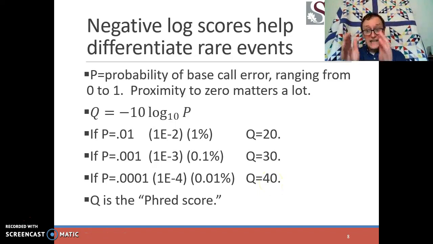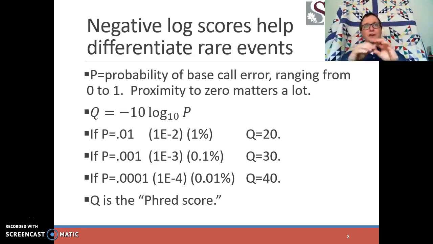Okay, so in the linear domain, 20 and 30 don't look very different, really. But we have to remember that those are scaling with the log of the probability. So a Q score of 30, if you have a stretch of nucleotides that have an average score of 30, they are 10 times less likely individually to be an error than a similar stretch of sequence with an average score of 20.